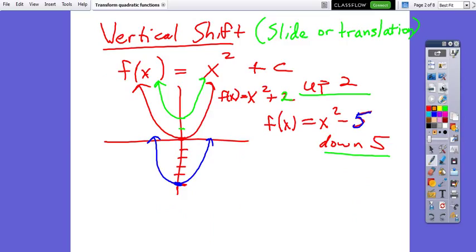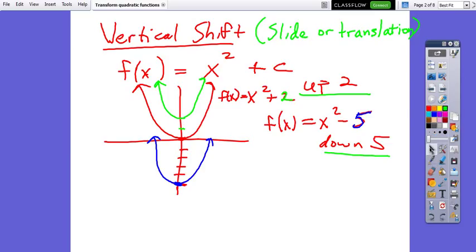I've got two functions up here related to the parent function, which is in red in the middle. First function, f of x equals x squared plus 2. This tells us that we're going to simply go up 2 on this graph, so we would take our parent and shift it up 2 units.